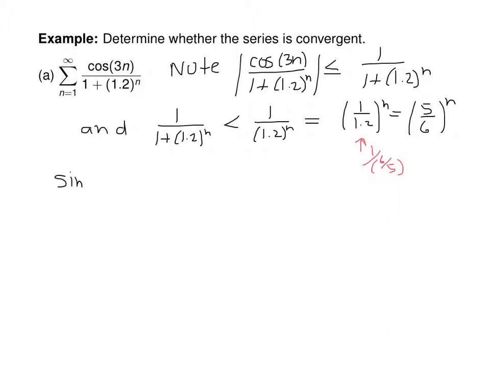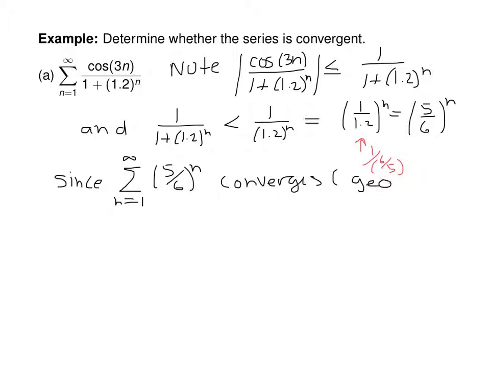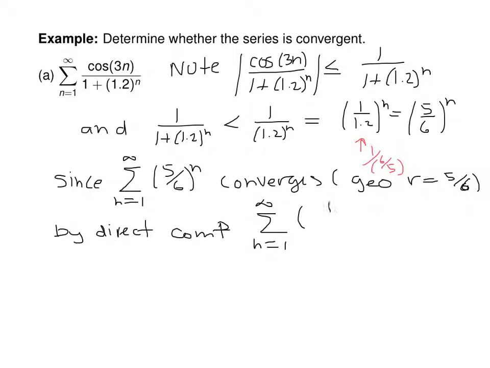And since the sum from n equals 1 to infinity of 5/6 to the n converges, this is a geometric series with r equals 5/6. We know that by direct comparison, the sum from n equals 1 to infinity of 1 over 1 plus 1.2 to the n also converges.